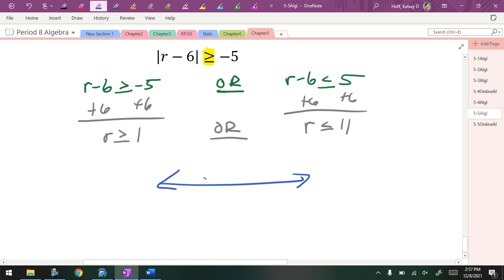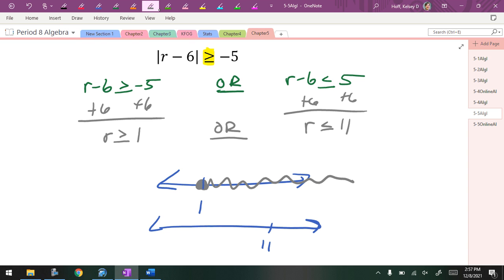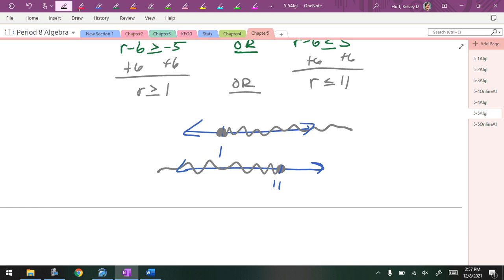So if I throw 1 on here, open or closed at 1? Closed, right or left? Right. Open or closed at 11? Closed, right or left? That's to the left. So if I'm going to shove these together, where do I shade?